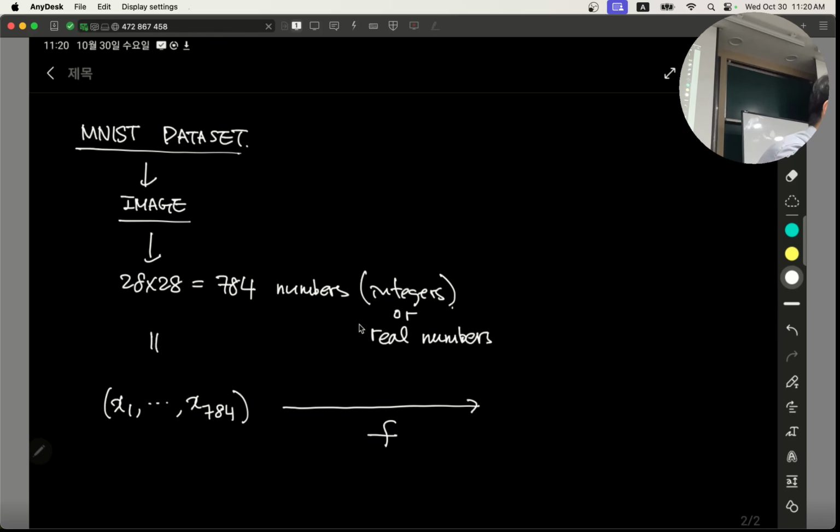So what are the actual digits? From 0 to 9. I want to have a function that best predicts this assignment.